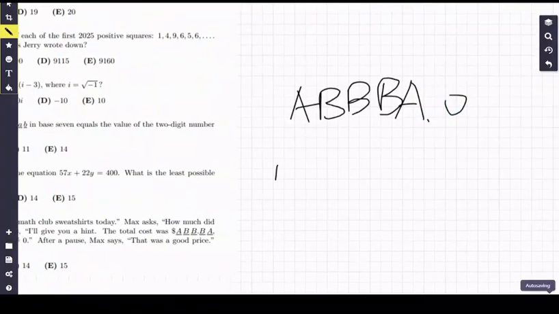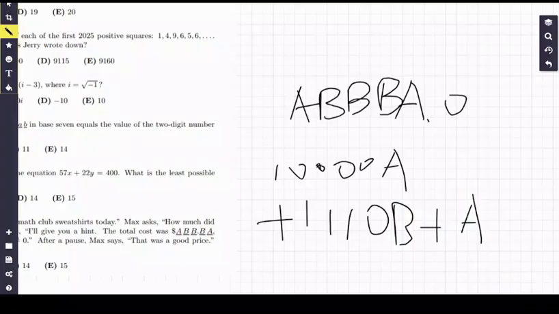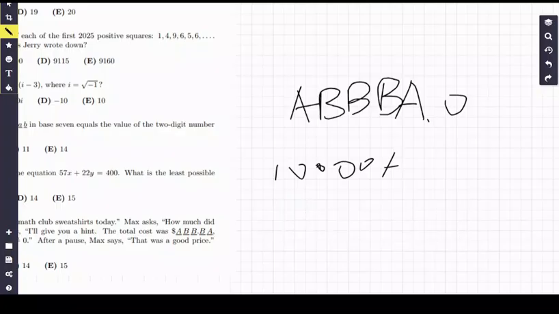In which case I will have 10,000a. So this is a great way to actually break it down, which I like to do. Plus 1,000b, well, you could just do 1110b plus, and you're going to get this at that. So 1001a plus 001a.